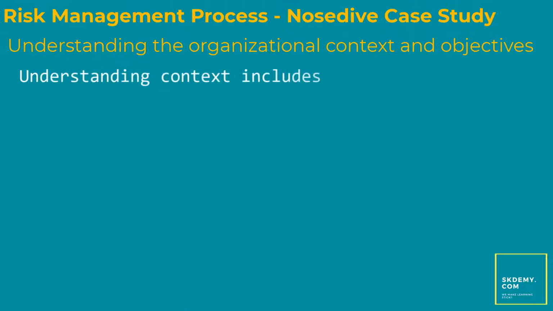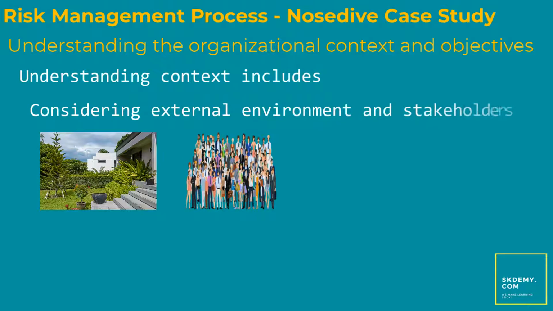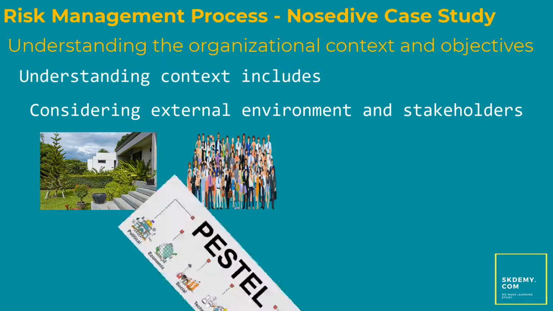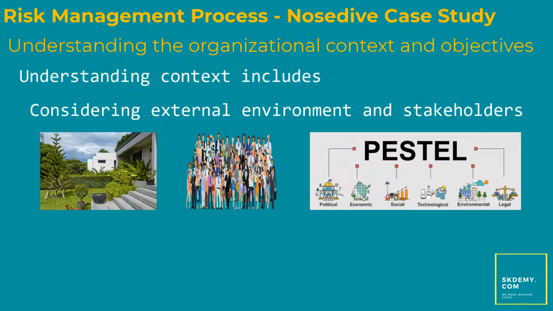Understanding context also includes considering external environment and stakeholders, including external stakeholders such as regulatory authorities or a customer body outside the entity that can influence the entity's ability to achieve its objectives. A number of external factors can be characterized by the PESTEL acronym, that is, political, economic, social, technical, legal, and environmental.